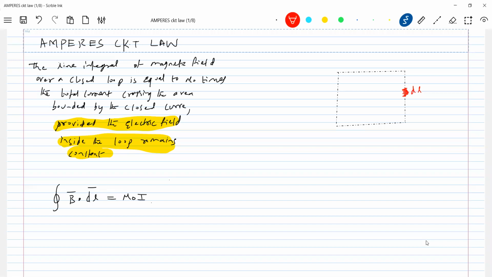So if I integrate the side length of the square loop, it is dl. So integral of dl, this should be equal to how much? 4l. I'm going to integrate in a closed path. Then integral of dl bar should be 0, no? I think you should be careful.